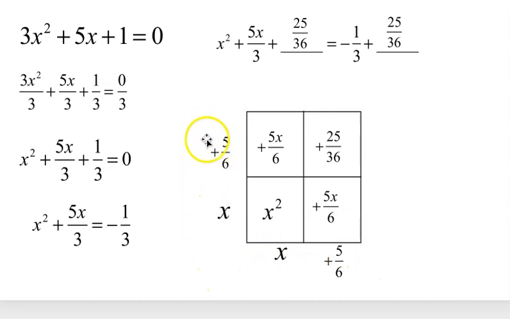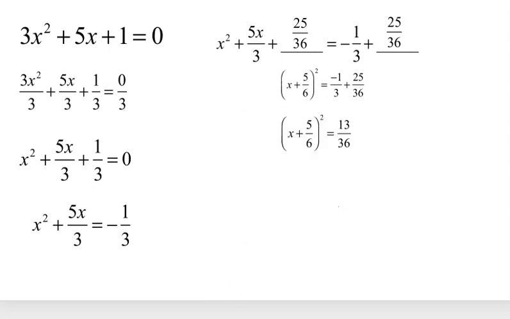What is x plus 5/6 times x plus 5/6? That, of course, is x plus 5/6 squared equals the right-hand side. And what is that? That's negative 12/36 plus 25/36 is 13/36. We'll take the square root of both sides, but don't forget, when you take the square root of both sides, you need to put in a plus or minus.